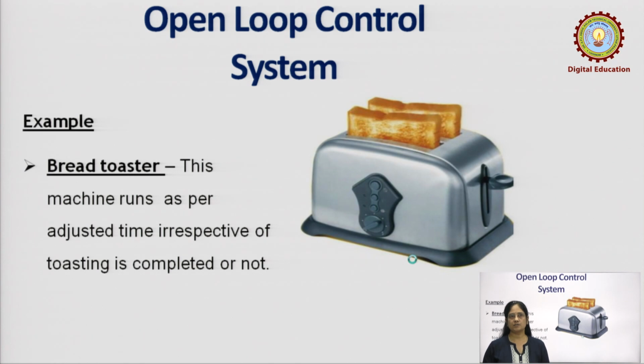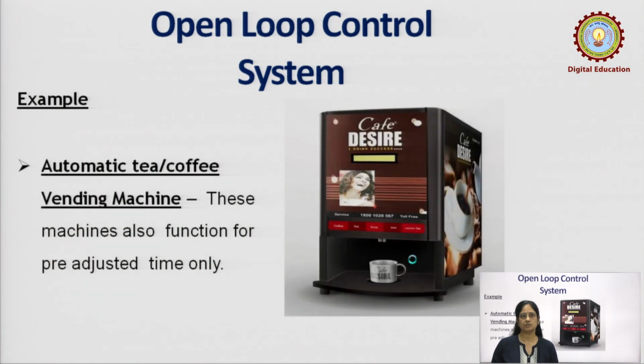Another example is a bread toaster. The machine runs as per a set time, that is, we do not have any reference to whether the bread is being toasted or not, but for a preset time the work is done. Whatever output comes out is the response of the process, that is, heating of the bread. So, such systems are also open loop control systems.